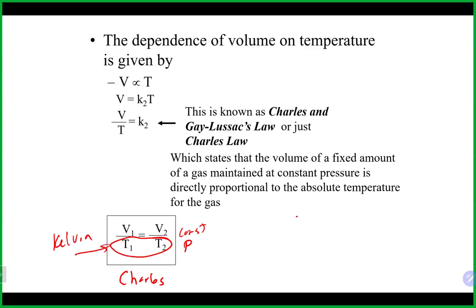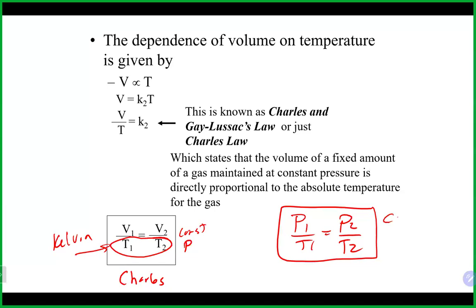And obviously our Gay-Lussac's law, P1 over T1 equals P2 over T2. This is at constant volume. Once again, here our temperature needs to be in Kelvin, and the pressure on both sides doesn't matter, again, as long as they are the same units. Any questions on either of those?